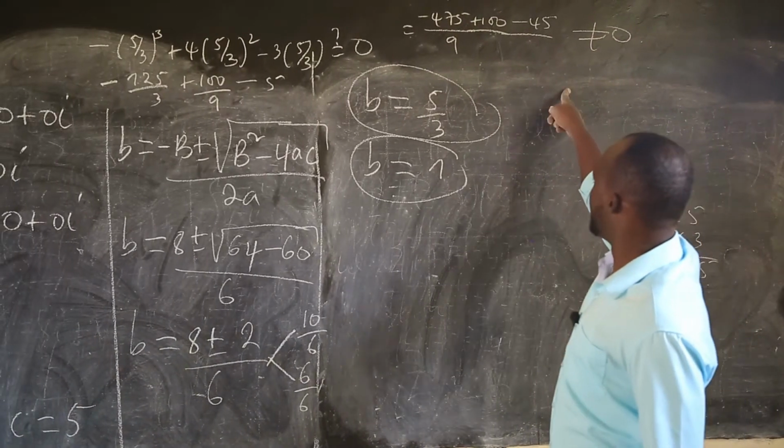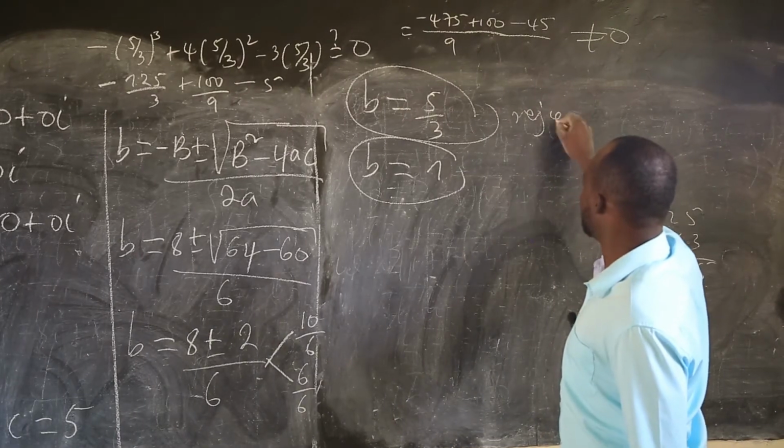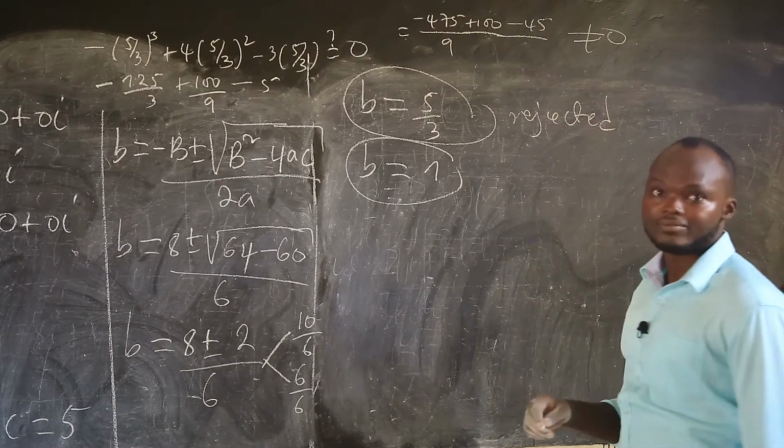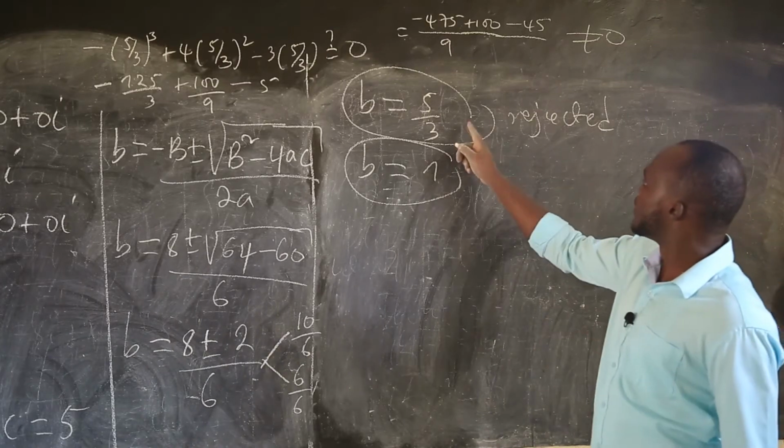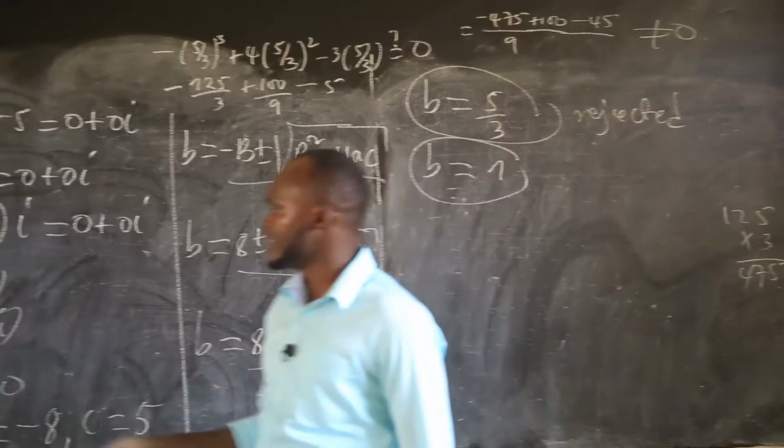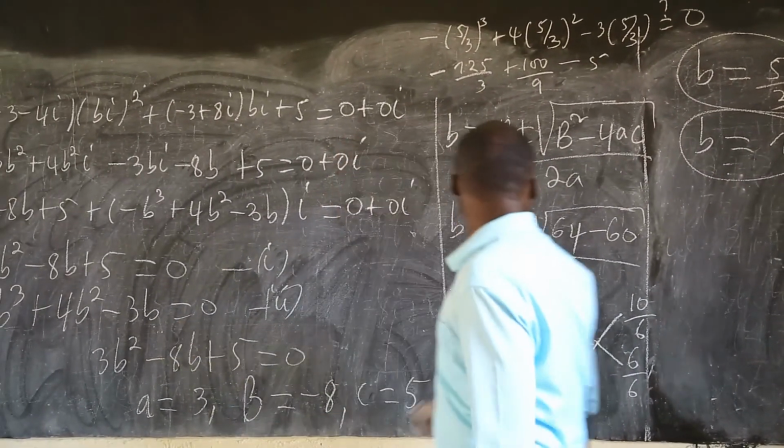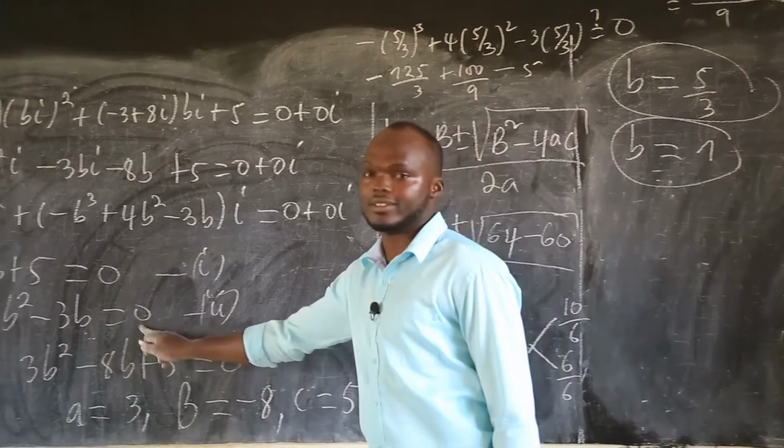So if this is different from 0, we have to reject this one. This one is rejected because it cannot work here, but you see 1 is working there.